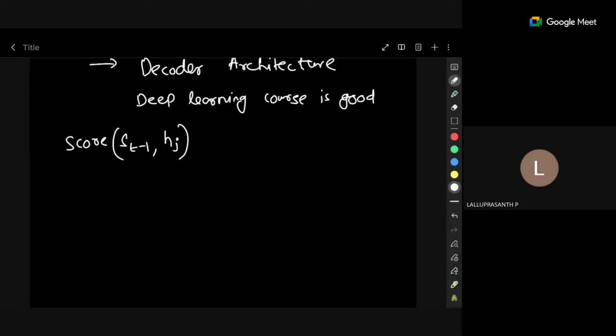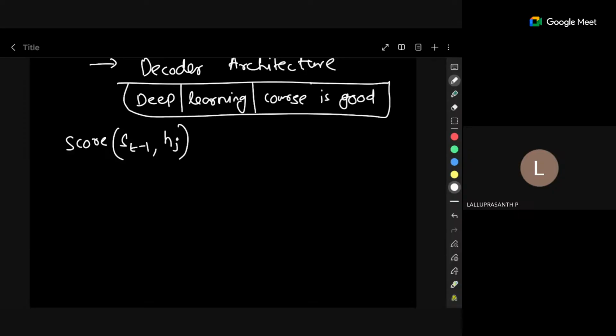So this sentence is there. Now this contains five tokens. As of now, we are calling tokens individual words. So these are called tokens.